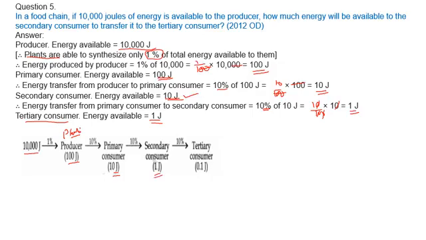And once the secondary consumer uses 10% of 1 joule, the tertiary consumer is getting 0.1 joule. So if you see the trophic levels, hardly 4 trophic levels can transfer energy. As you go higher and higher, there is very little energy available for the next trophic level. So this is how you have to do the calculation for this question.